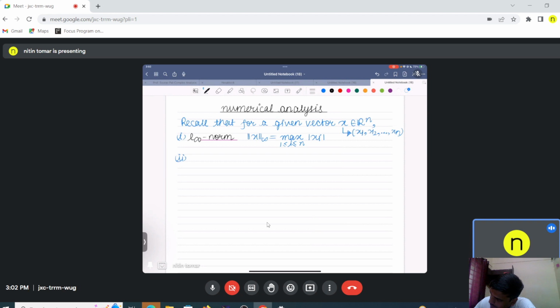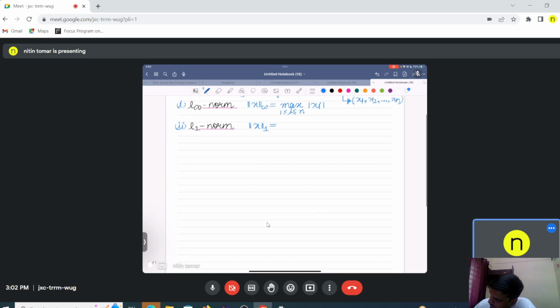Second we saw was the L1 norm, and it is basically the sum of the absolute value of each coordinate.